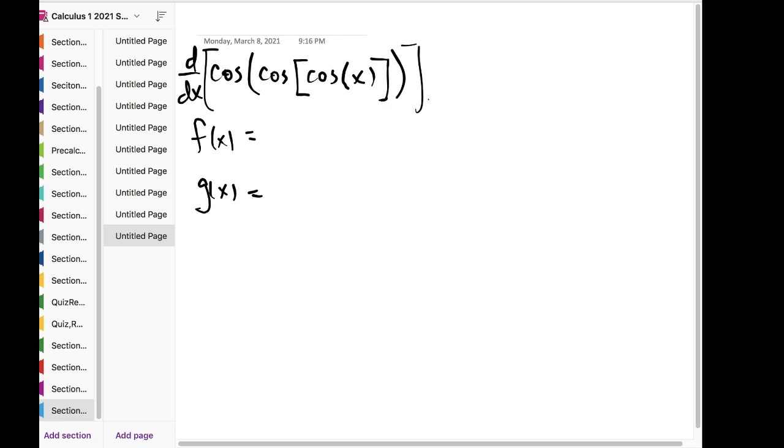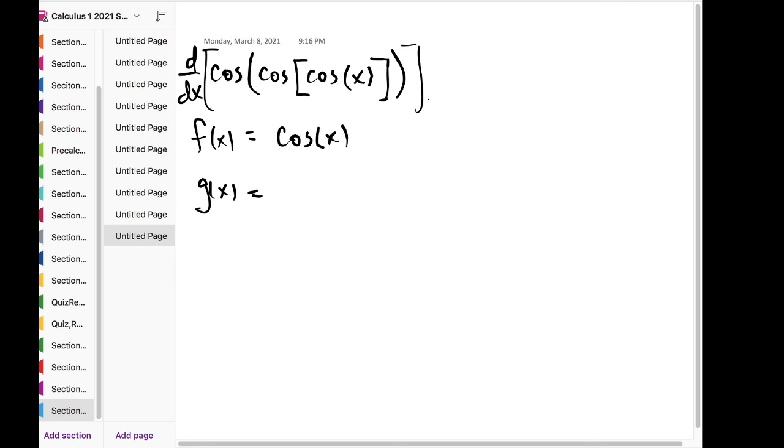So you can see which parentheses is meant to be where. Okay, what's f and what's g? Yep, cosine is f, and then what's g?